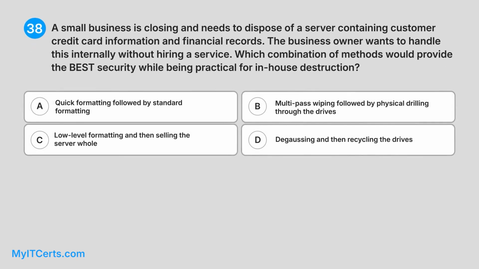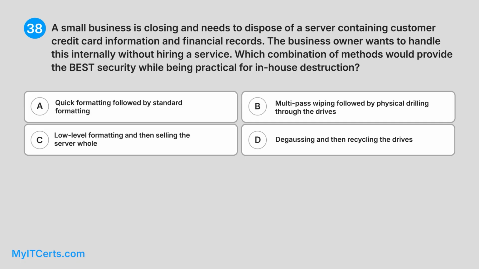(38) A small business is closing and needs to dispose of a server containing customer credit card information and financial records. The business owner wants to handle this internally without hiring a service. Which combination of methods would provide the best security while being practical for in-house destruction? A. Quick formatting, followed by standard formatting.